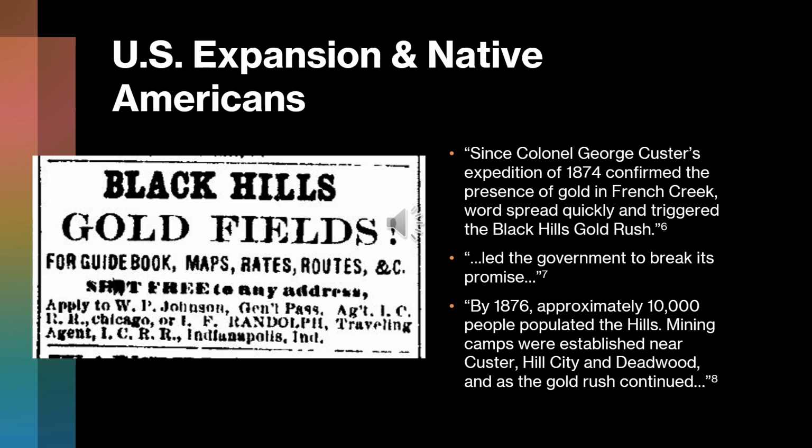Just a few years later, there's about 10,000 miners in the Custer, Rapid City area, Deadwood, Hill City, all throughout that region, all looking for gold. So this means that the United States broke its promise to the Native American tribes, because part of that treaty was that the American government would control Americans from violating native lands.